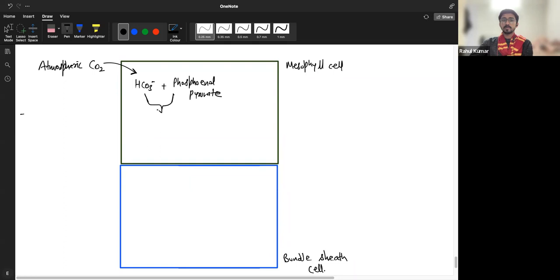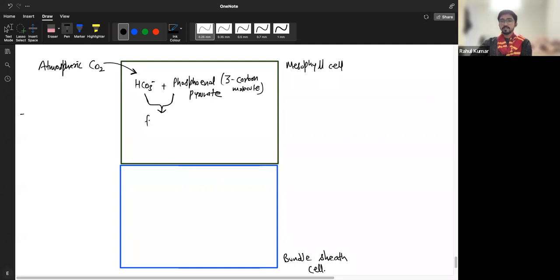Phosphoenol pyruvate plus HCO3. So this is a 3-carbon molecule. Total how many carbons are there now? HCO3 plus phosphoenol pyruvate, 4.